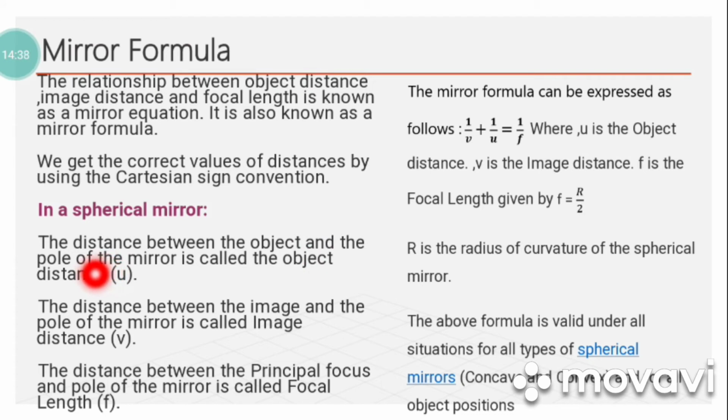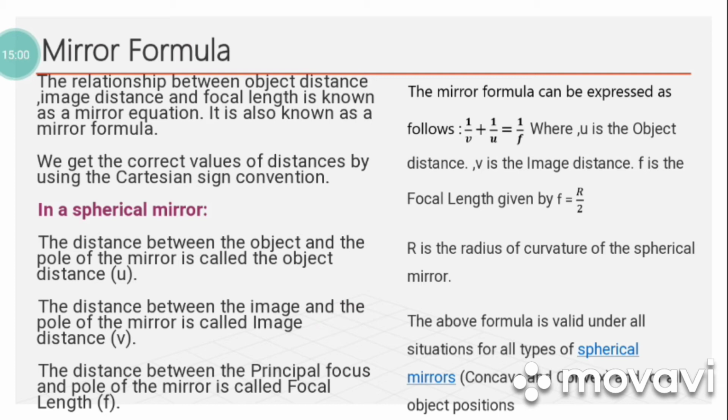It is represented by the letter small u. The distance between the image and the pole of the mirror is called the image distance. It is represented by the letter small v.